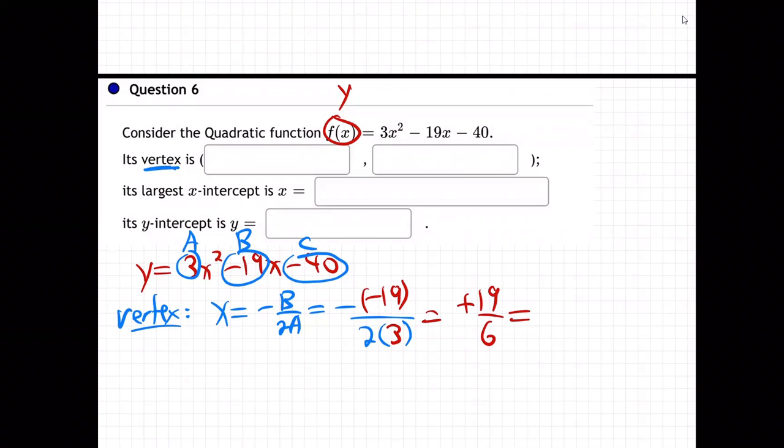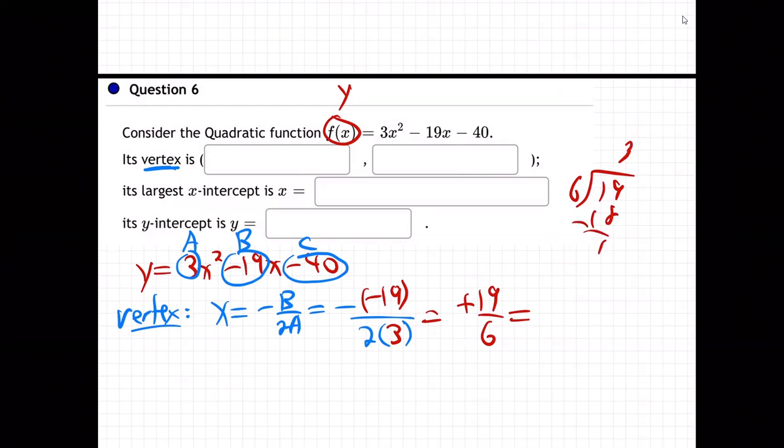Decimals are probably easier. Yeah, it's going to be a lot easier to just give them a decimal. 19 over 6. I don't know what that is. Let me see. It's 3 and 1/6. So what is 1/6? Let me do that real quick.